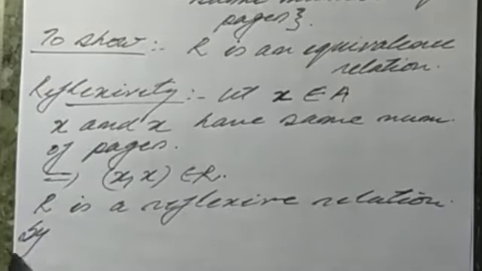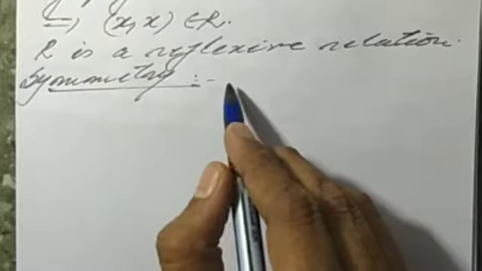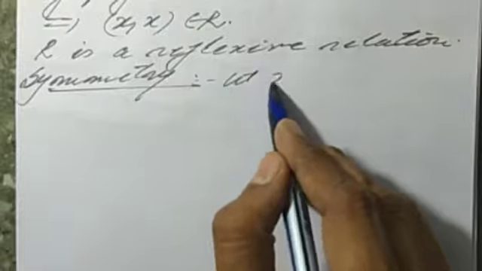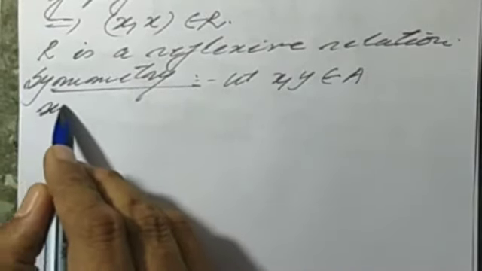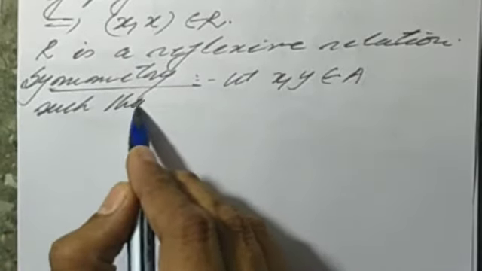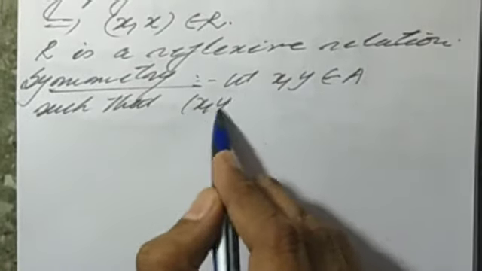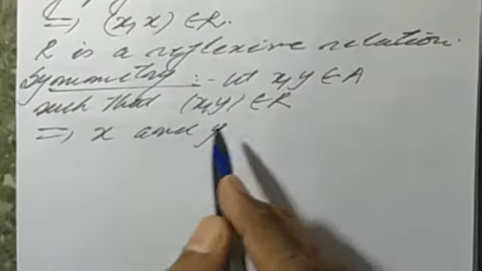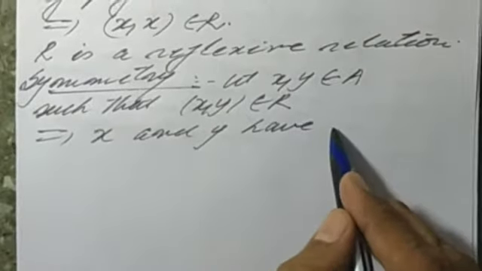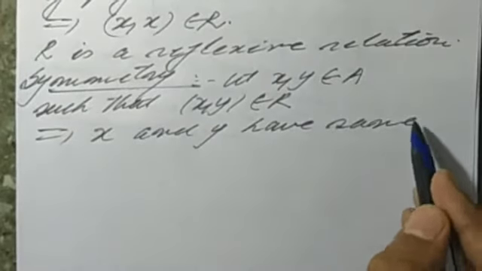Now let us talk about symmetry. For symmetry, let us take two arbitrary elements x comma y from set A such that x comma y belongs to R. It implies that x and y have the same number of pages.